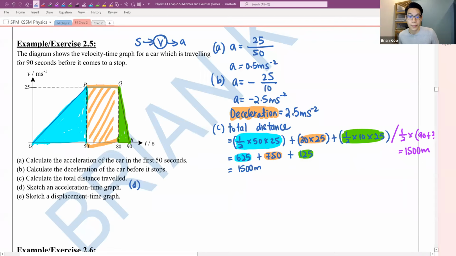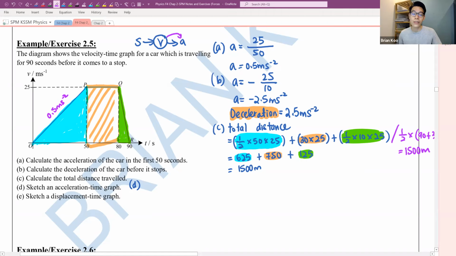Okay, welcome. Part D, sketch an acceleration time graph. In part A and part B, we actually have already calculated the acceleration for this straight line. It is actually 0.5 meter per second squared. And then here, what is the velocity? Flat line, right? I got V, and now I want to sketch the A graph.